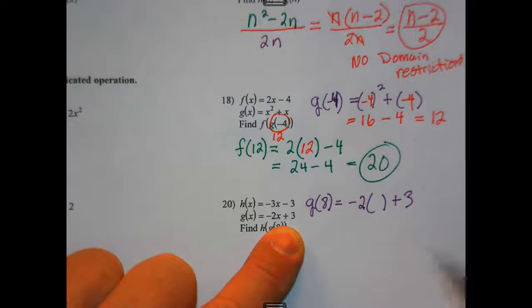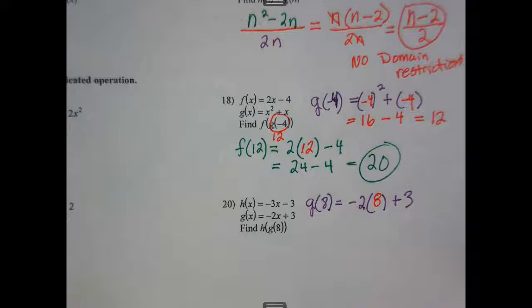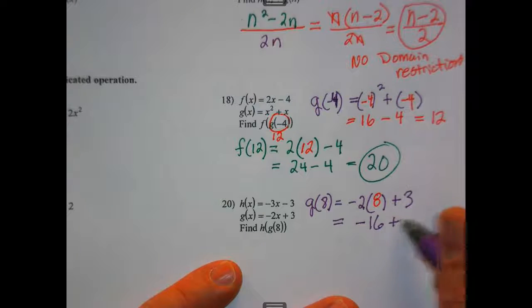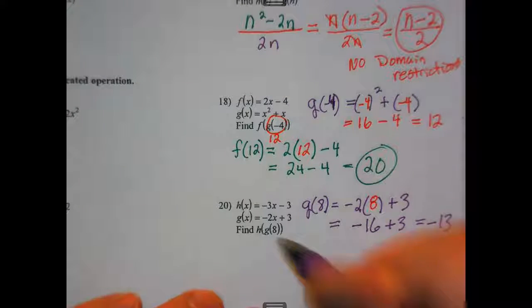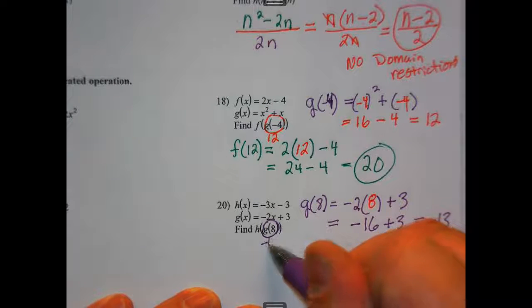And for the x, I have to substitute in 8. Negative 2 times 8 is negative 16 plus 3 equals negative 13. So I'm going to replace the g of 8 with negative 13.